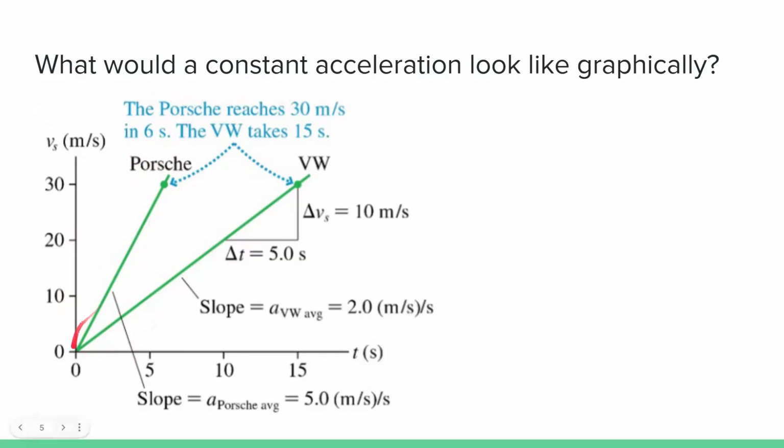For both of these, the slope is the same. It's just a line, so that tells us there's constant acceleration. If instead it was curved, that would mean it's not constant acceleration, it's changing. And if it was just a flat line, then we might say that it has zero acceleration.